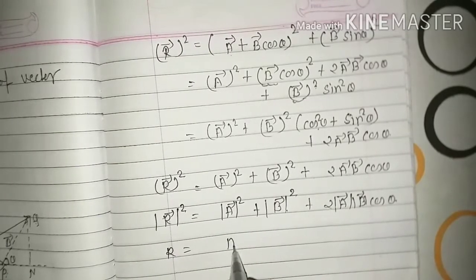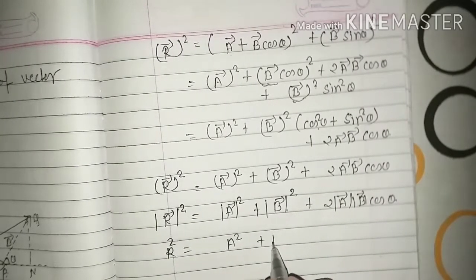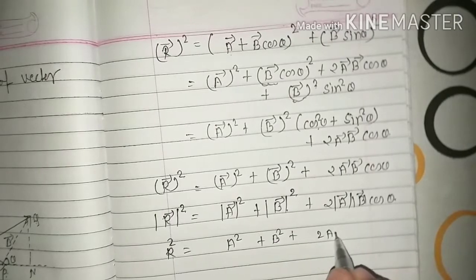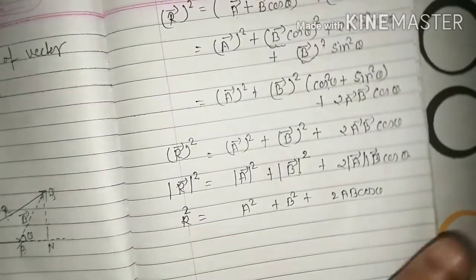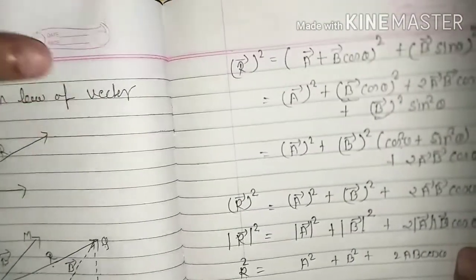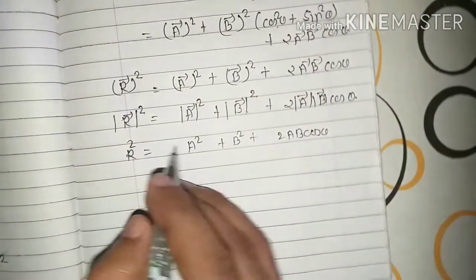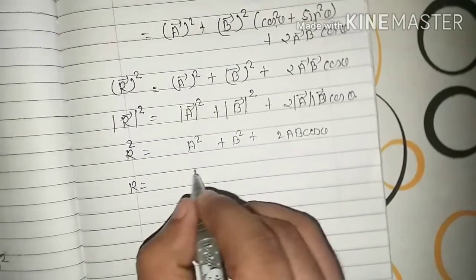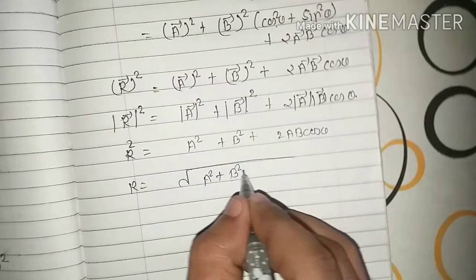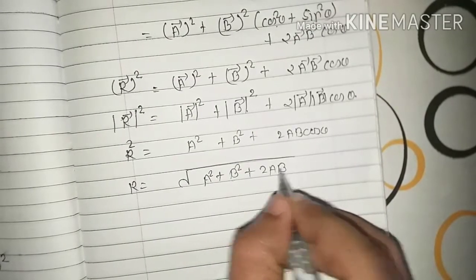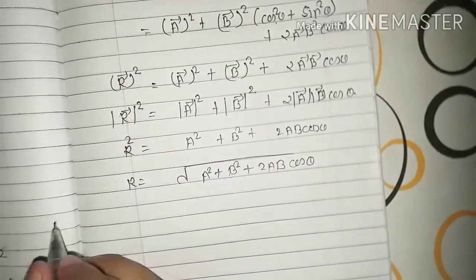In magnitude form, it is A square plus B square plus 2AB cos theta. In the next step, removing the square from here, R equals the square root of A square plus B square plus 2AB cos theta.